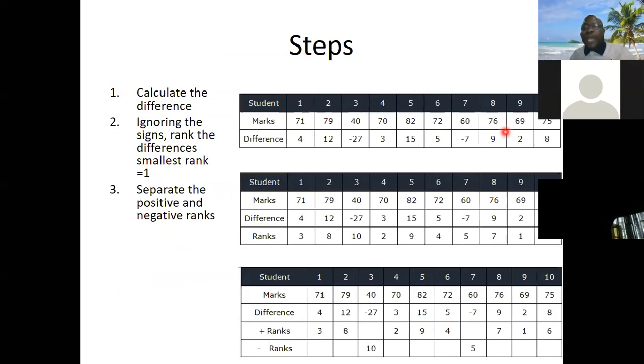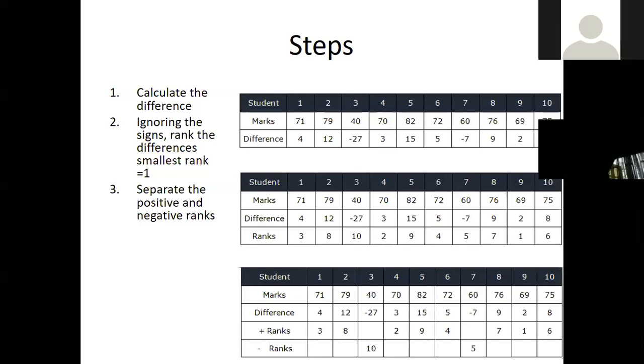So if you do that, you now rank the differences irrespective of the sign. Like this one now, the smallest here is 2, that is why it's number 1. The following is 3, that's number 2. The next is 4, that's number 3. The next is 5, that's number 4.